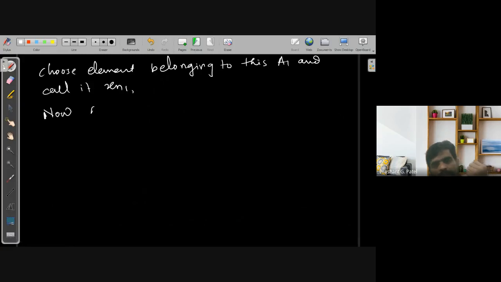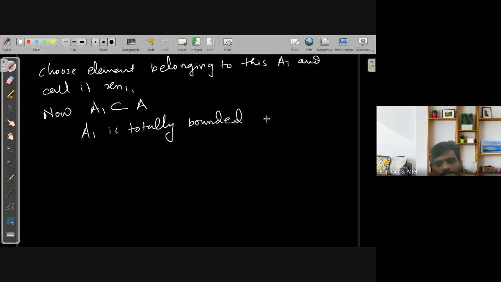Now A_1 is a subset of A, and A_1 is totally bounded because A is totally bounded, because a subset of a totally bounded set is totally bounded.